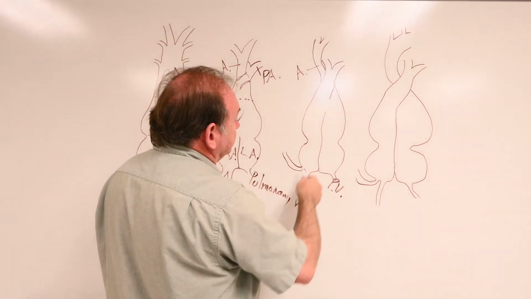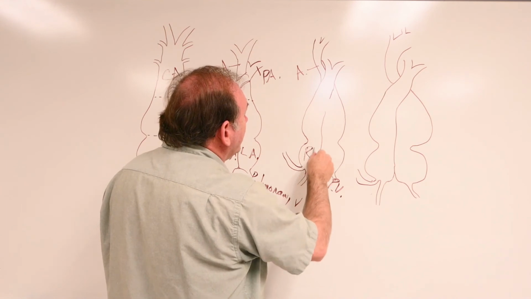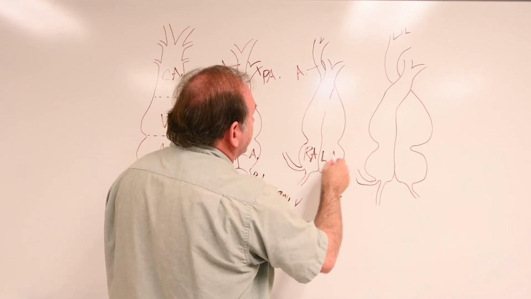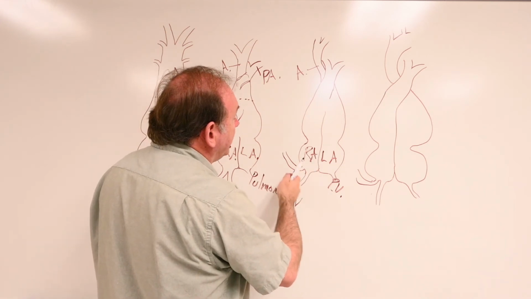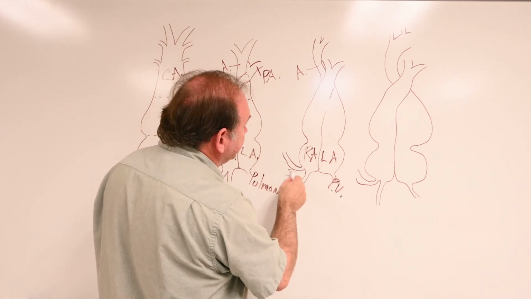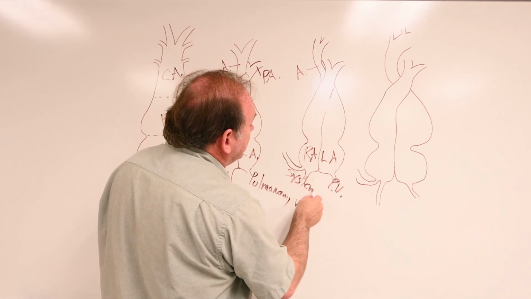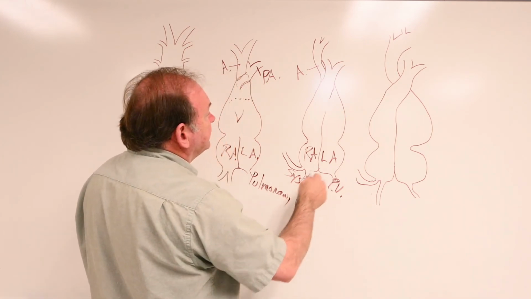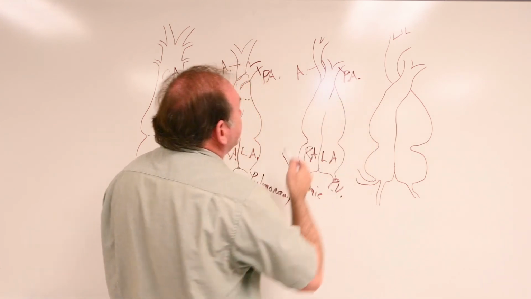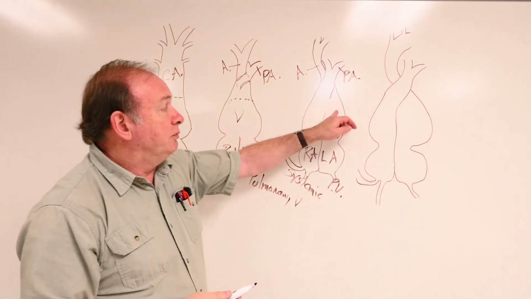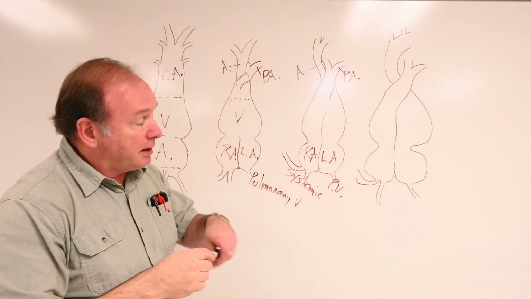So let's see. We have our right atrium, our left atrium. This is our deoxygenated blood coming in from the body, so all this is systemic, we could say, on this side, this blood coming in, and it's put into our pulmonary arteries up here at the top. Not much room for mixing in there.